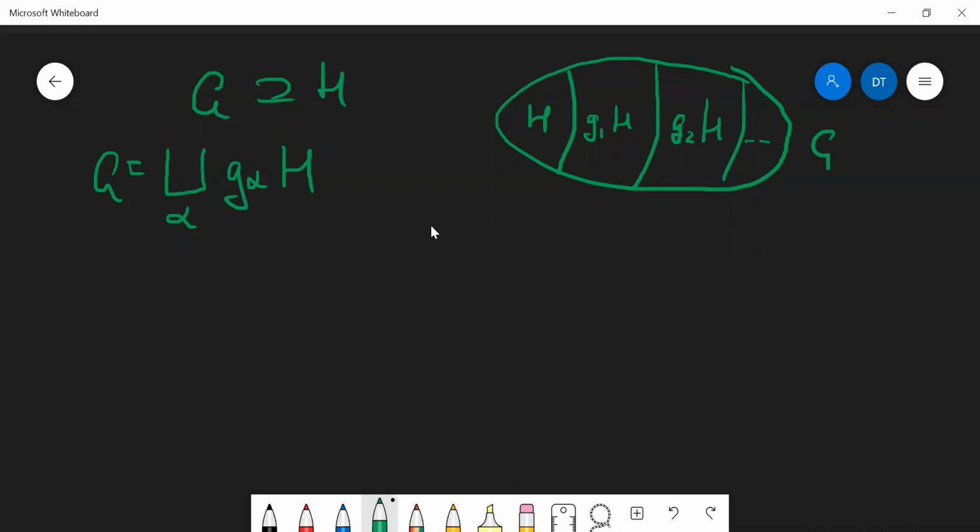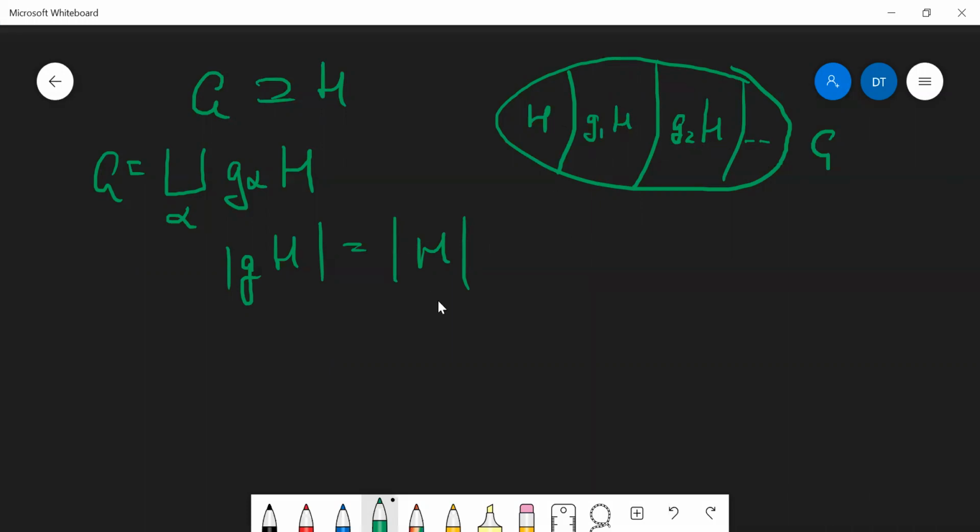So all left cosets have the same amount of elements as the group H. So the cosets give you a partition of group G into pieces of the same size. And this leads you to some combinatorial strategies, some combinatorial tools when you want to study groups. So this is roughly what I'm going to prove.